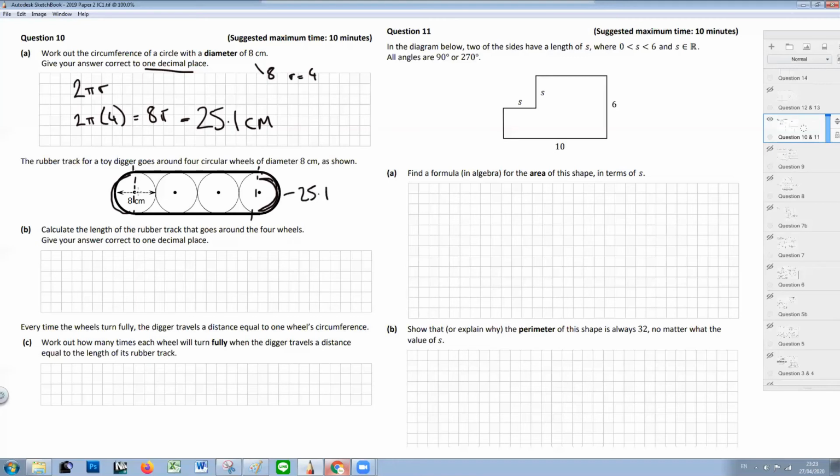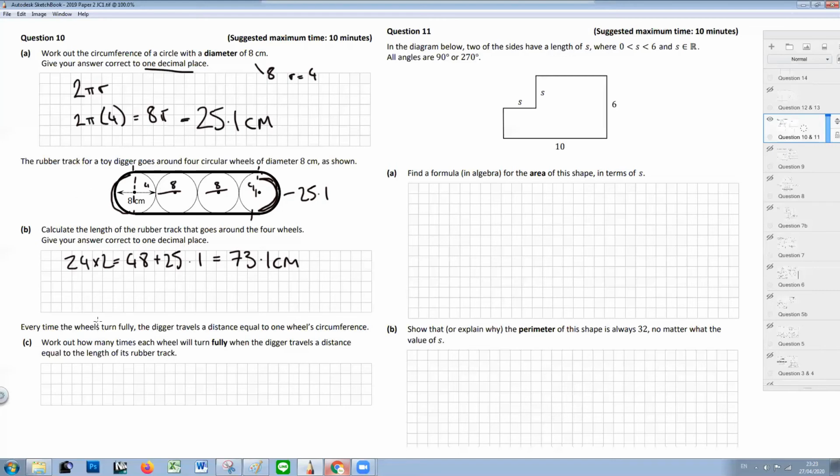And now I know that this is 4, this is 8, this is 8, and this is 4. So it's going to be 4 and 4 is 8, plus 8 is 16, plus 8 is 24, and 24 by 2 is going to be 48. So 48, plus 25.1, and that's going to be 73.1 centimeters. And again, it says give your answer correct to 1 decimal place, so we're good there.